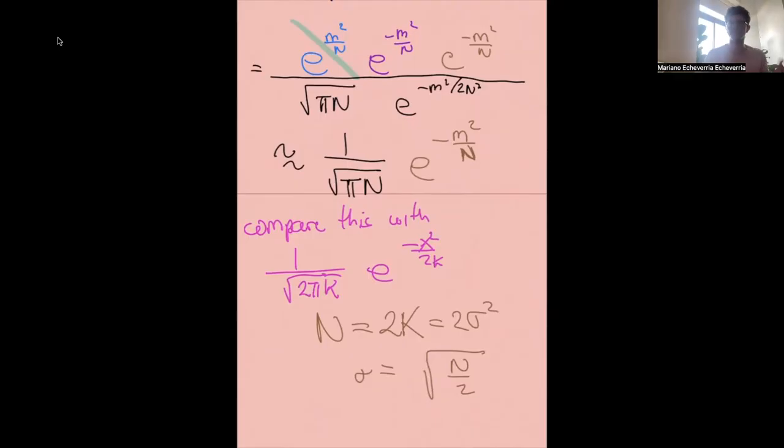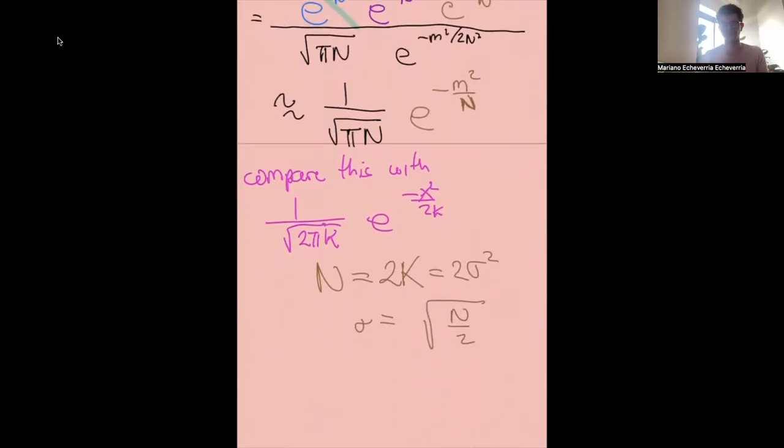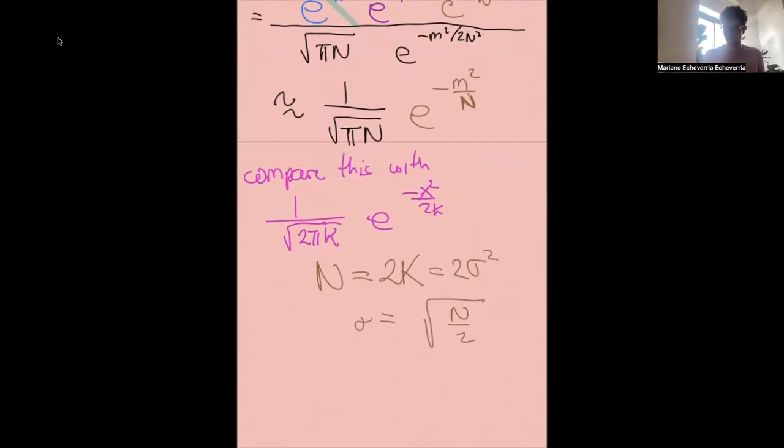That means that the binomial distribution, when n gets sufficiently large, becomes a Gaussian distribution where the standard deviation is proportional to the square root of the number of particles. So let me write that down in words.